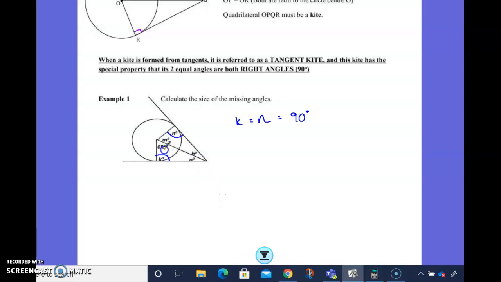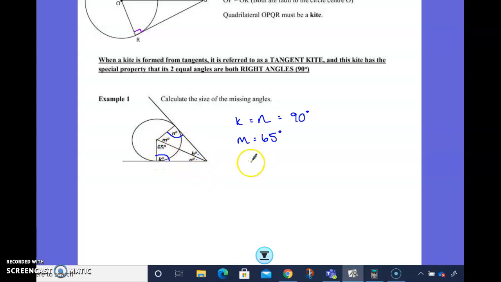Okay, if they're 90 degrees, we've got a line of symmetry here, so N must also be 65 degrees. These two must also be the same. They look like, say, A and B, who knows? Don't suppose it really matters. Those two angles are both the same as well.